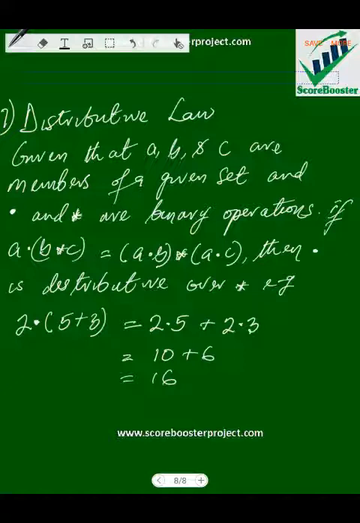Before the conclusion, if you do it this way, you're going to get the same thing as if you say 2 dot, 3 plus 5, which is 8. So I'm going to have 2 times 8, and this is going to give me 16. You can see the answers are the same.